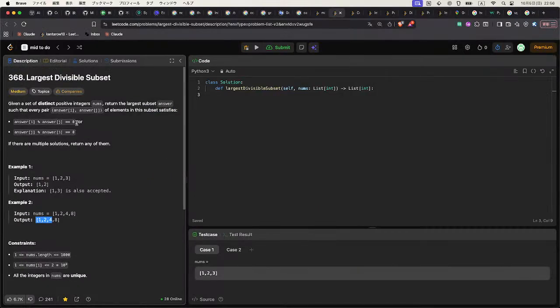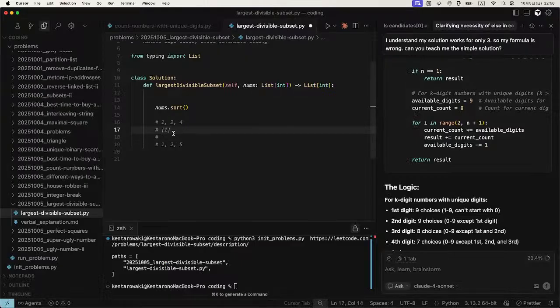Oh, that doesn't meet the condition, because the condition requires pairs. So it starts with 2 elements at least.